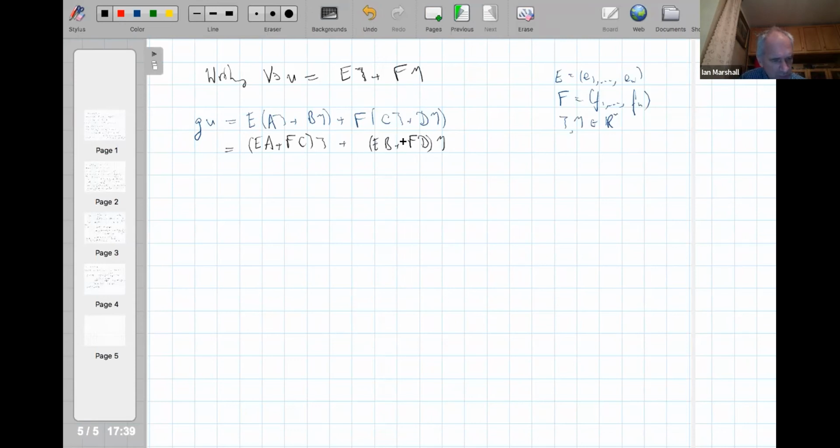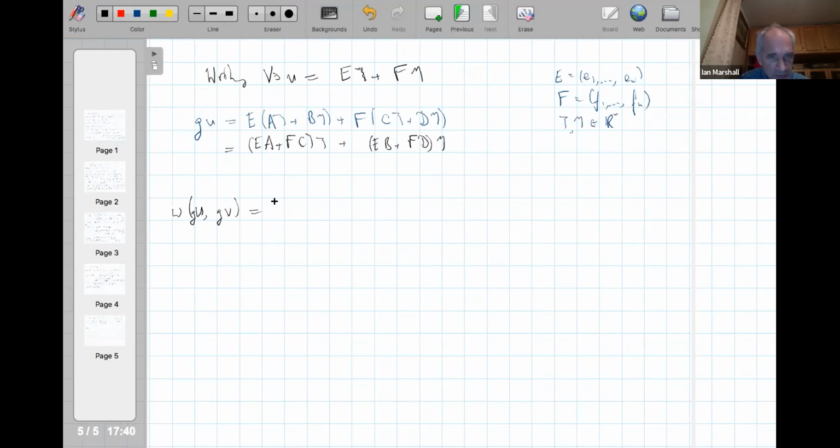And so now, if I compute omega of GU, GV, this is equal to, well, I'll maybe skip the details because it corresponds to the pairings between the E's and the F's, which is easy to write.